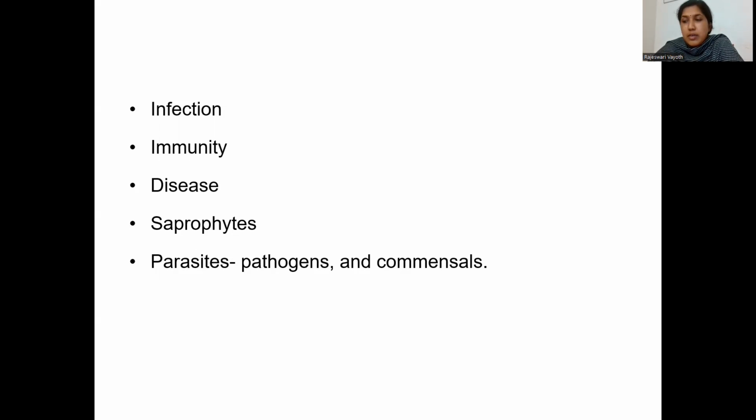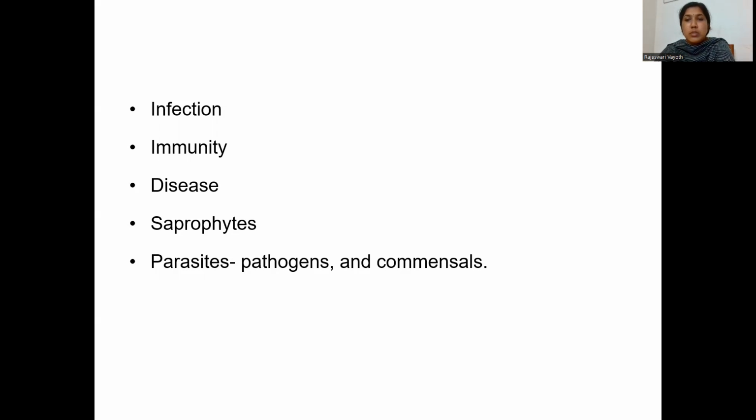These parasites are of two types: pathogens and commensals. Pathogens are the microorganisms which are able to produce disease in a host, and commensals are the microorganisms that live peacefully in the host without causing any infection or disease. They are harmless.